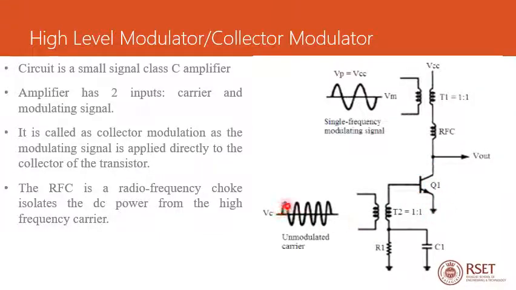So the carrier amplitude should exceed that barrier potential, then this transistor Q1 turns on. If the carrier amplitude drops below the barrier potential, then this transistor Q1 turns off. So the turn on and off position will be controlled by this unmodulated carrier signal.